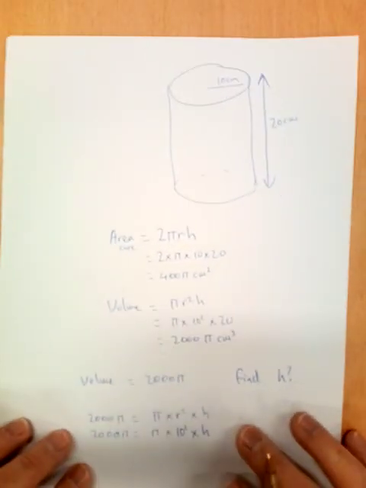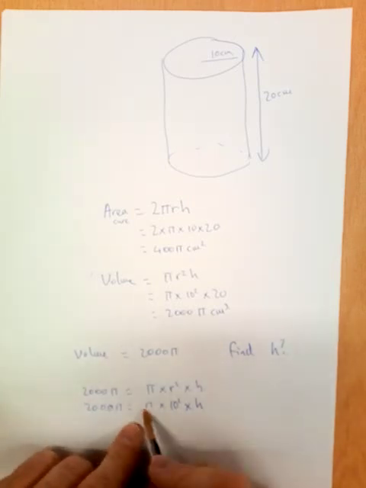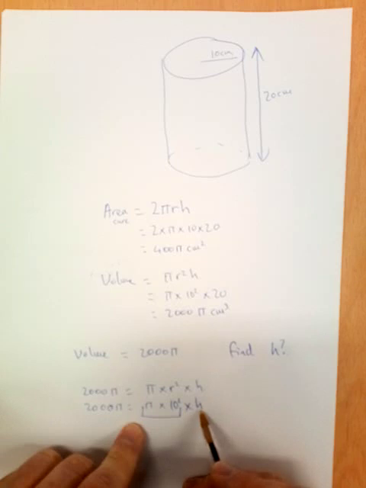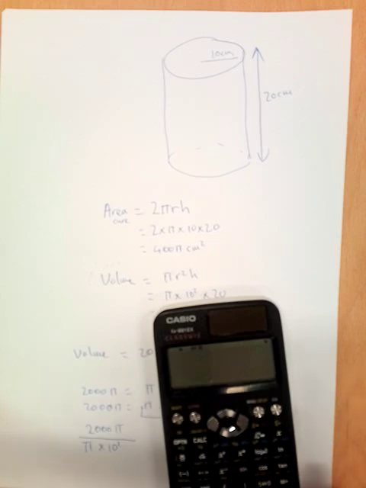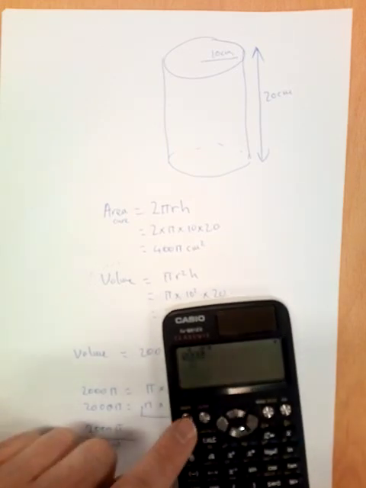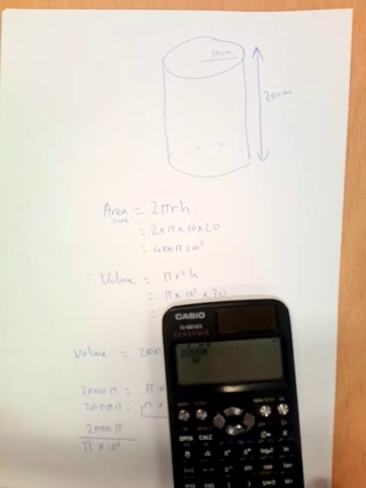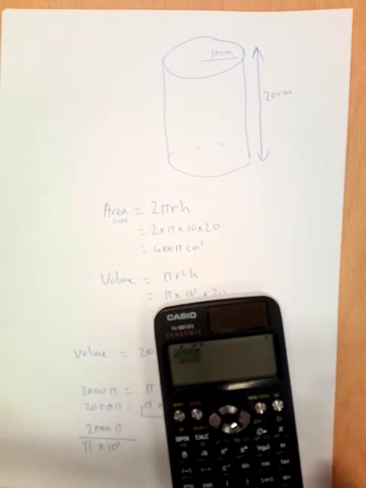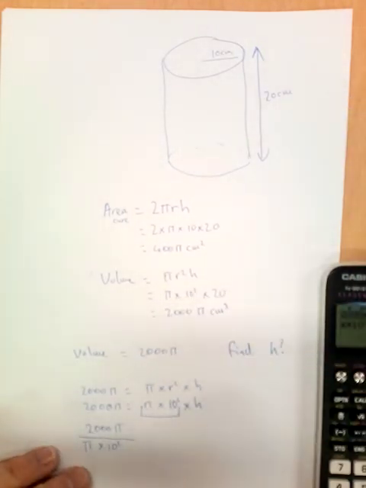And like every other trick we've done, look, I know the left, I know everything on the right apart from the one I'm missing, so I'm just going to divide across. On your calculators, type in 2000 pi divided by pi multiplied by 10 squared, and you'll get the answer. Look, 2000 pi over pi multiplied by 10 squared, and you get 20, which is what it was.